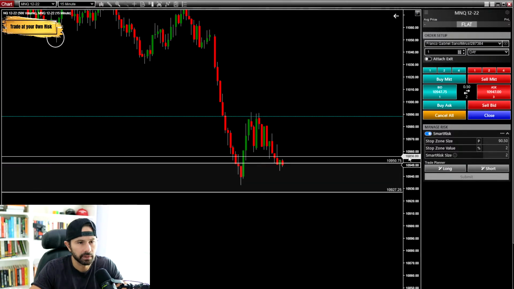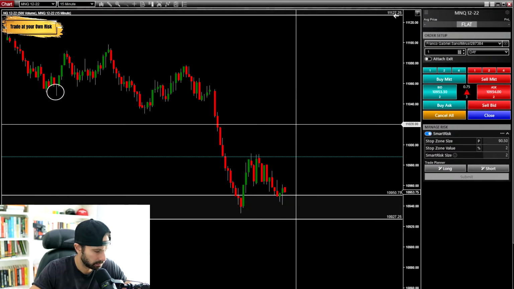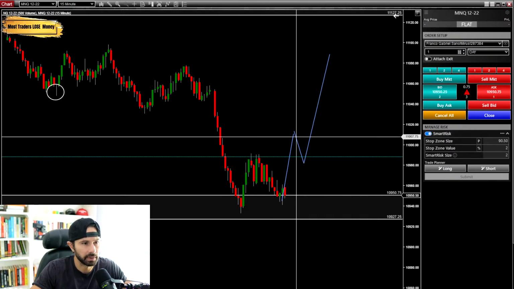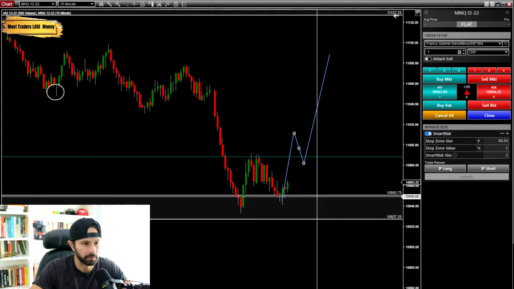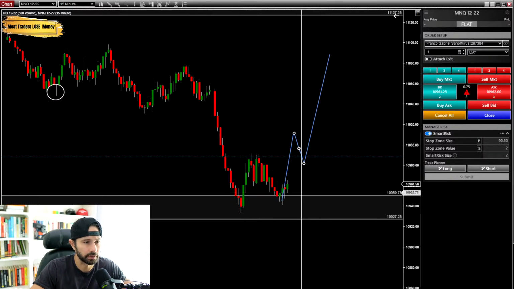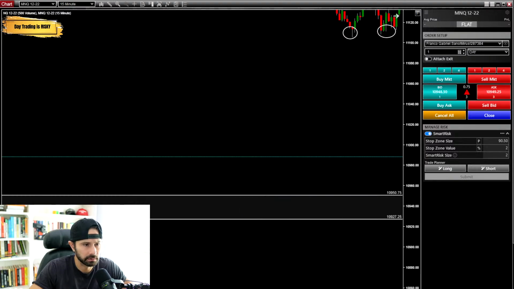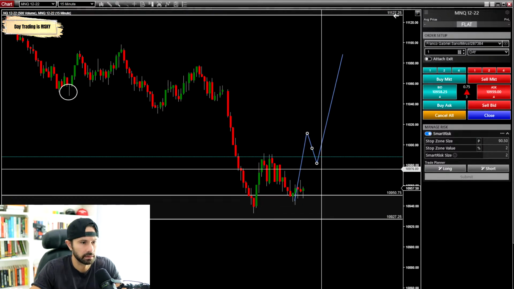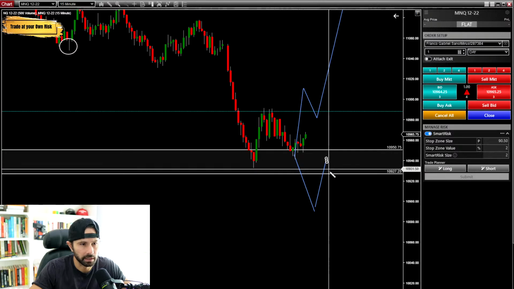If we have a comeback from here, and this type of behavior, I might engage in the long later after this area. But the main area here is from yesterday. This is a consolidation during 12 or 1 o'clock in the afternoon, so it's not like the best probability actually. It's in the middle of the day. Whereas if we have a continuation to the downside, that'll be a good short.